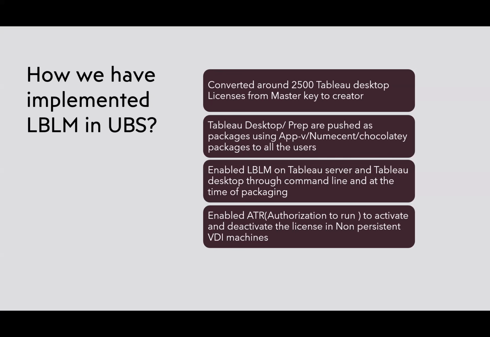So when a user logs into a machine and starts using it, the application will be installed and tied to the user roaming profile. That means as it is a non-persistent VDI machine, every time the user logs off, he will get a new machine. As this installation is tied to the roaming profile, whenever they move to another system, the installation stays the same.